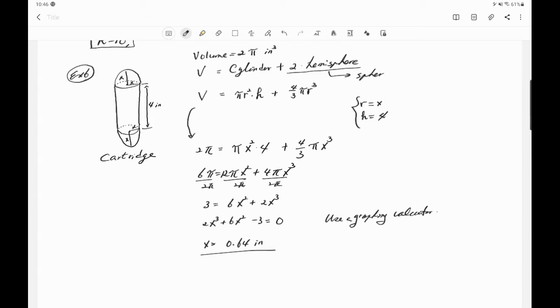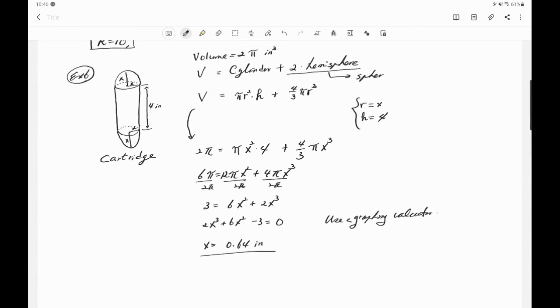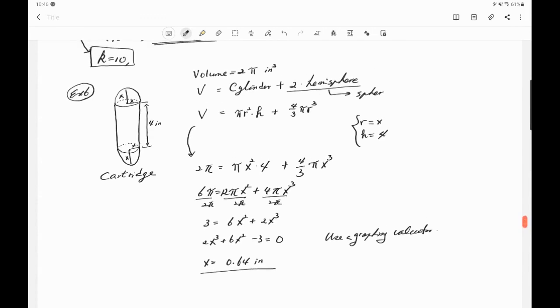So the radius is approximately 0.64 inches. All right, that's it for this section. This section is useful to find the zeros of a function. It's complicated, right? There are so many things to memorize, but just keep in mind that there are methods for finding possible zeros.